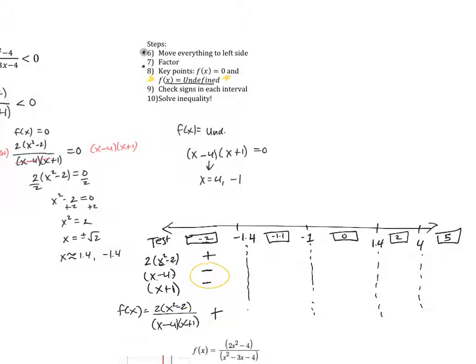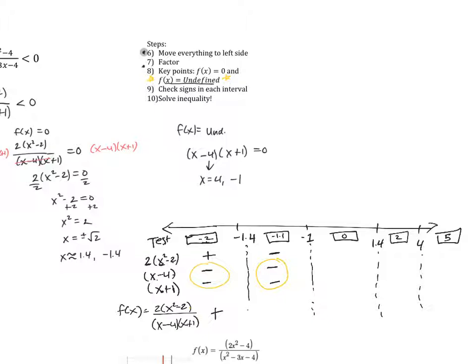Negative 1.1: I square that and get 1.21, positive. 1.21 minus 2 is negative, and if I double that, it's still negative. Negative 1.1 minus 4 is negative, and negative 1.1 plus 1 is negative. Multiplying the factors in my denominator, I get a positive number.